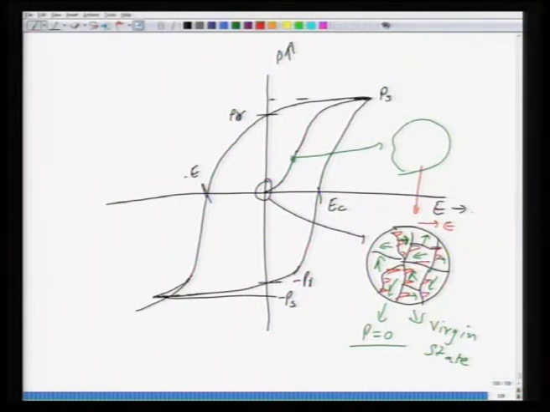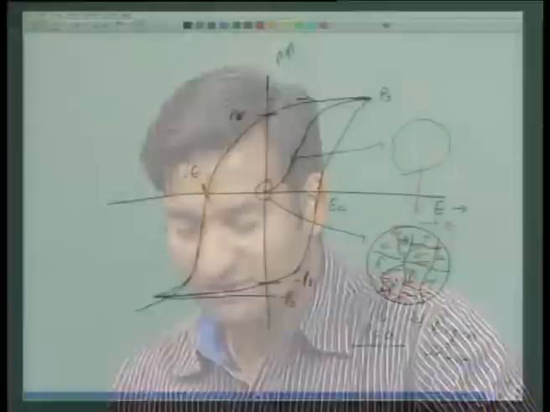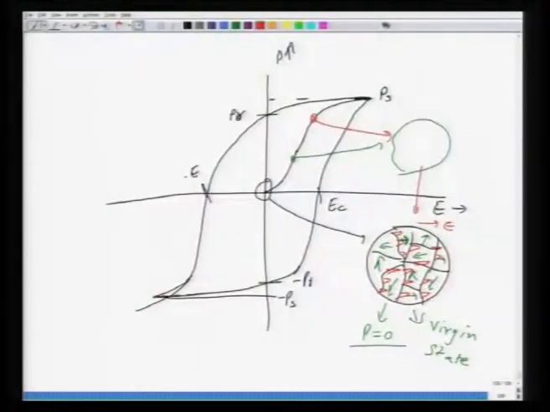And these new domains are oriented in the direction of applied field, and as they grow, they consume all the domains which are unfavorably oriented. So, what you have as a state, somewhere at this position, let us say, is this structure: you have these domains formed in the direction of applied field, bigger domains.